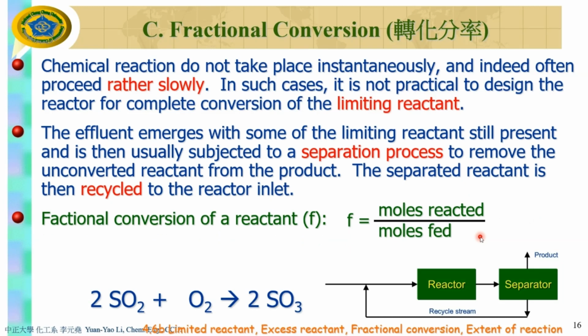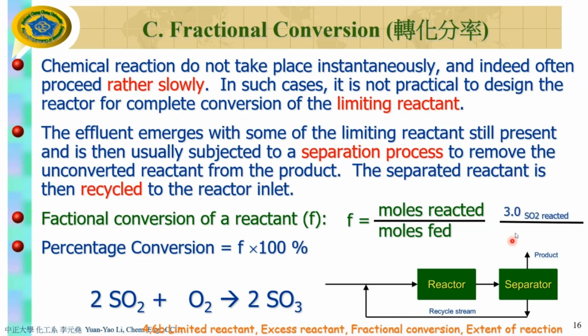The fractional conversion of a reactant is moles reacted over moles fed. If you multiply by 100%, that will be the percentage. For example, sulfur dioxide: you feed 4 moles of sulfur dioxide into the reactor, and in the end you only consume 3 moles.